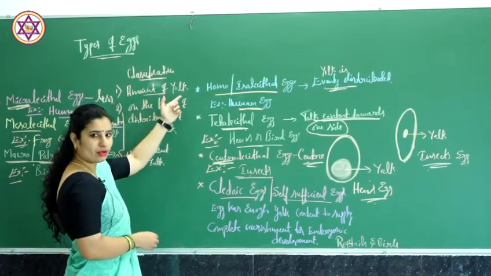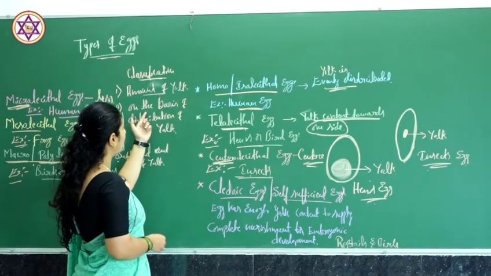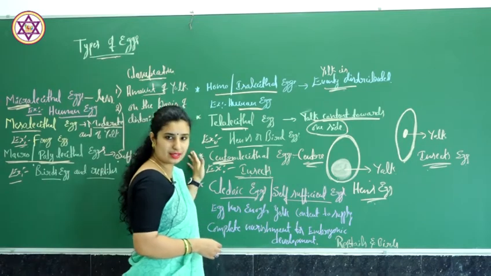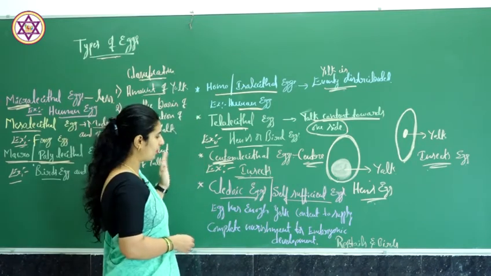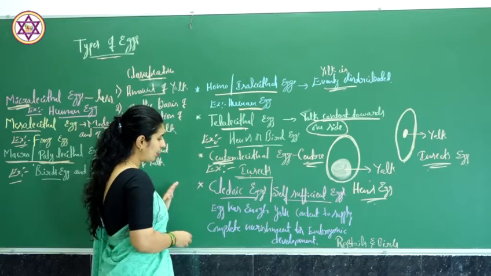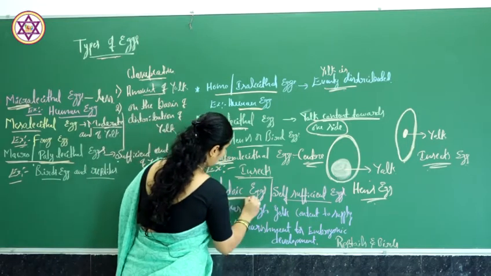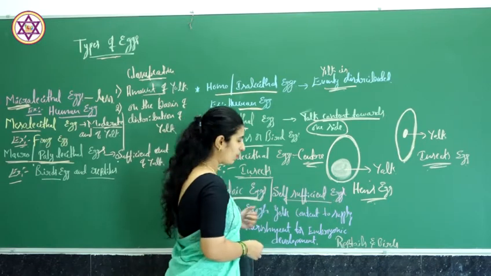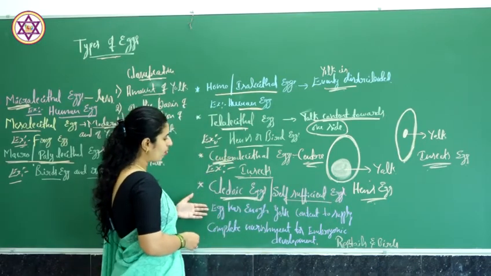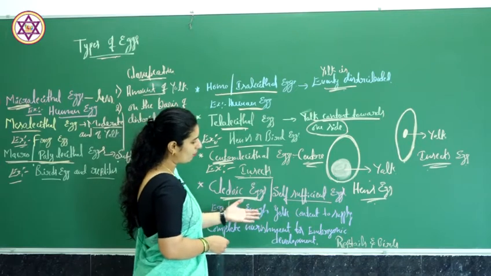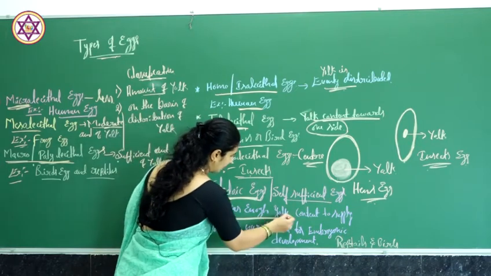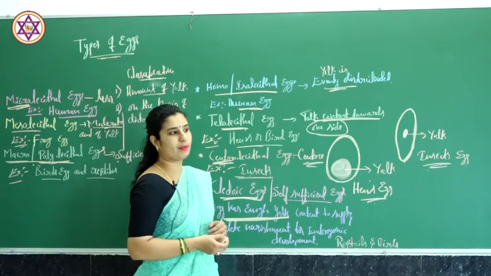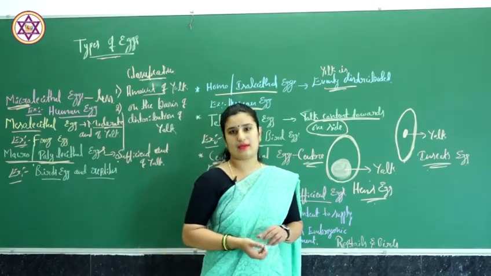So one is based on the amount of yolk, and another is on the basis of the distribution of yolk. Besides this, we also have another type of egg, that is the cleidoic egg. This is also called a self-sufficient egg. Here the egg has enough yolk content to supply complete nourishment for the embryonic development.